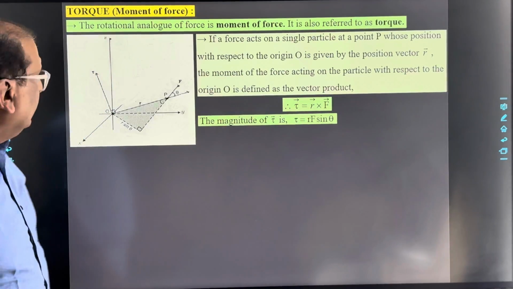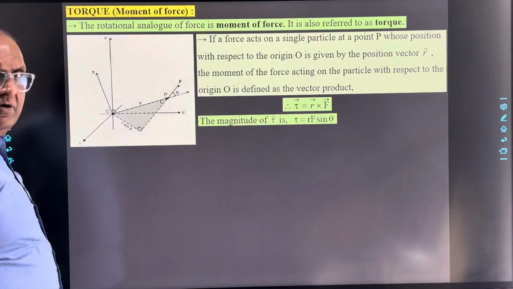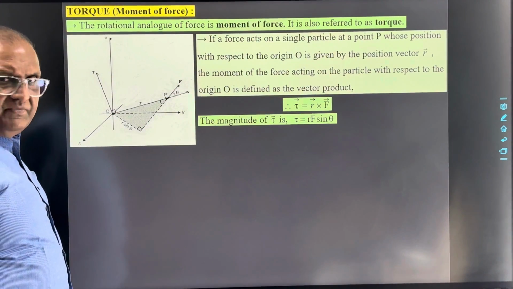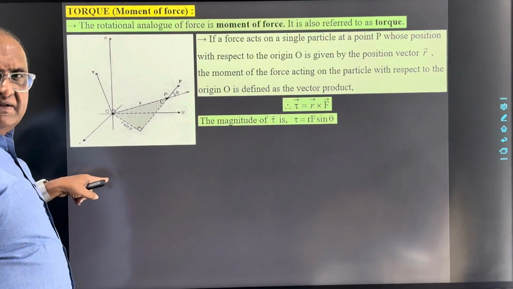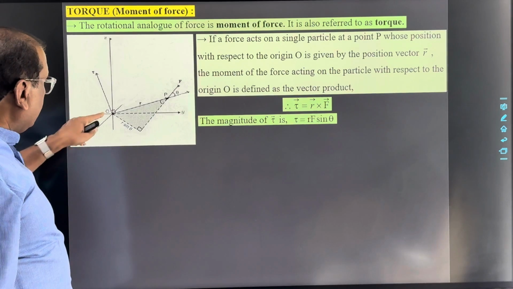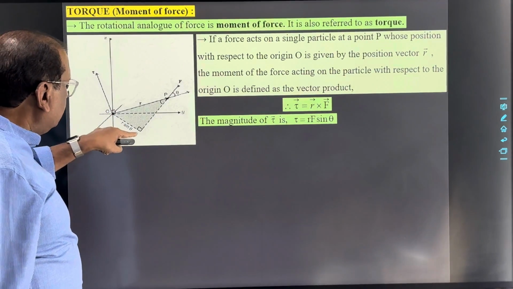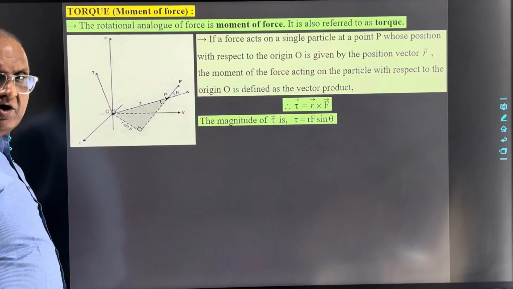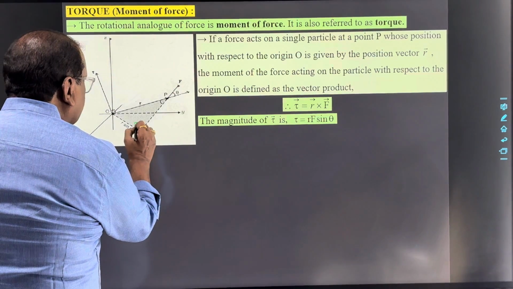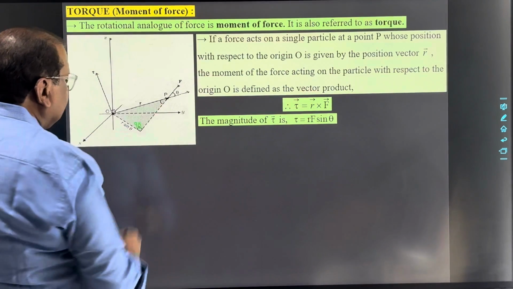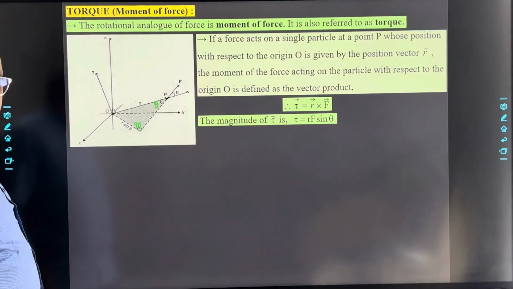But see here, now if we take the line of action of the force, line of action of the force means we have to imagine a line passing through the vector of force. Then draw a normal from the origin to this line of action. Draw a normal. So this particular angle will be 90. This angle is theta, so this one is also theta.